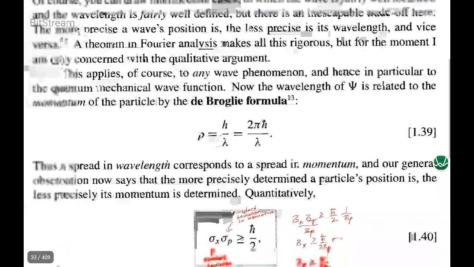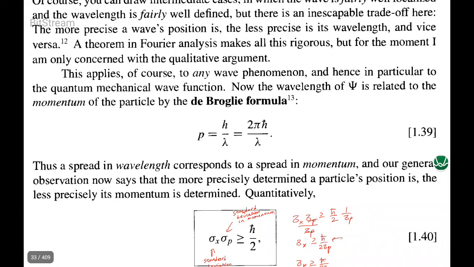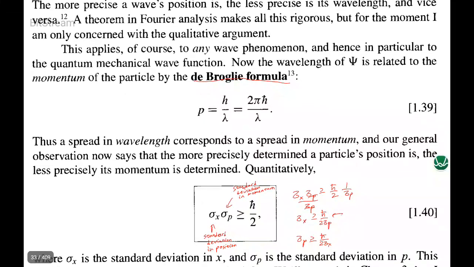And this is going to put it into terms of the de Broglie formula. I believe that's how you pronounce that name. The de Broglie formula gives us a relationship between momentum p, Planck's constant h, and lambda.